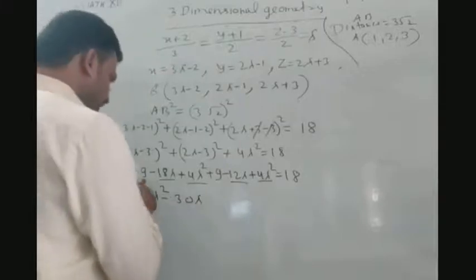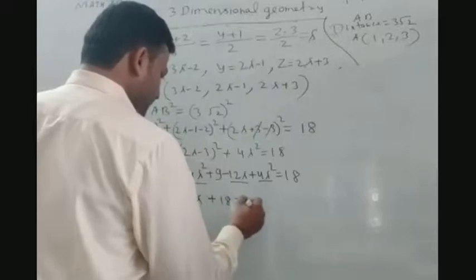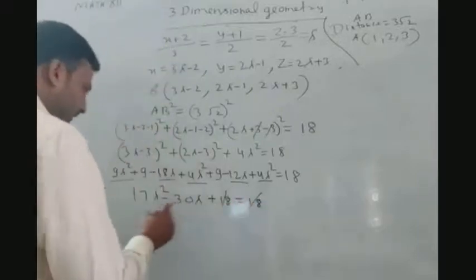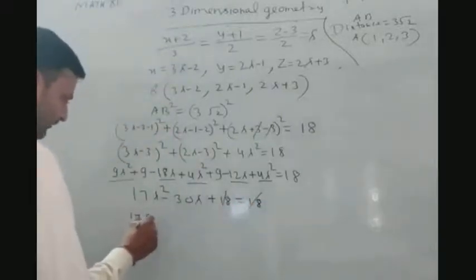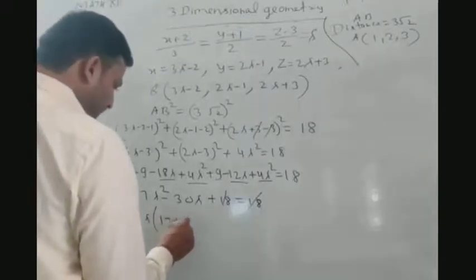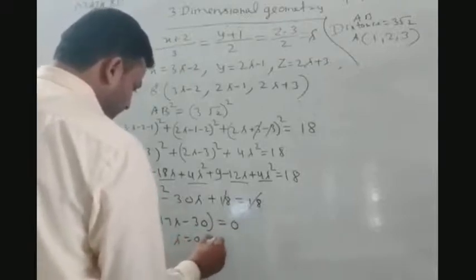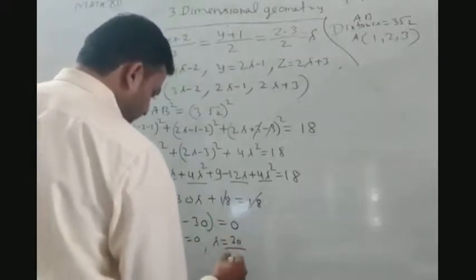The constants 9 and 9 make 18, and 18 is equal to 18, so it will be cancelled. So we get 17 lambda square minus 30 lambda is equal to 0. So lambda is 0 and lambda is 30 by 17.